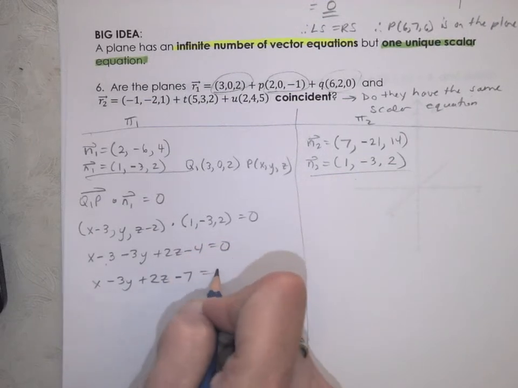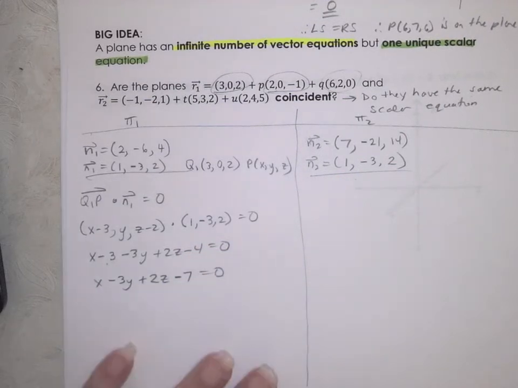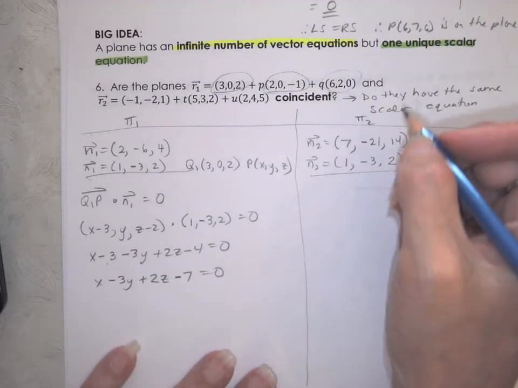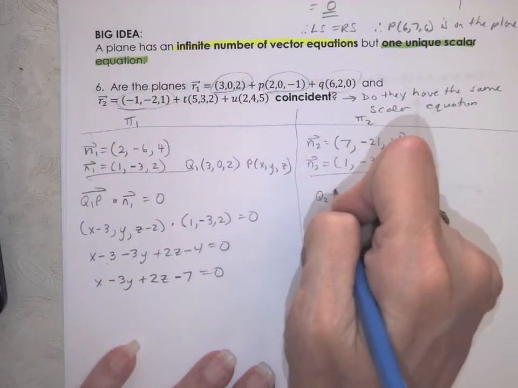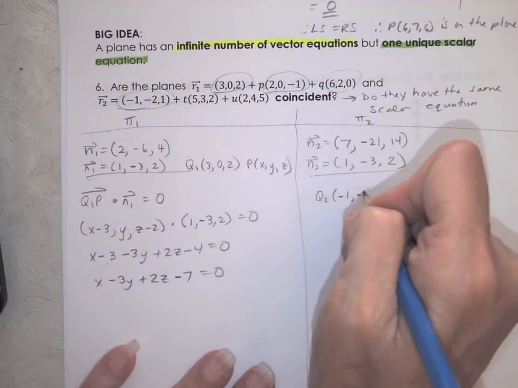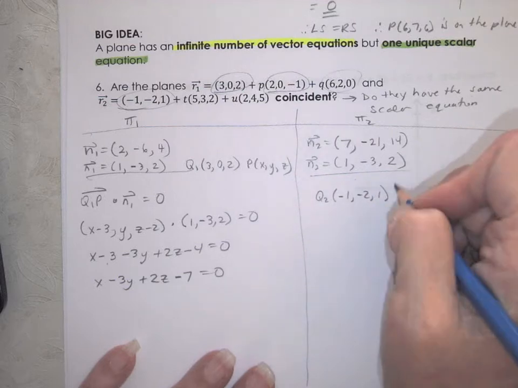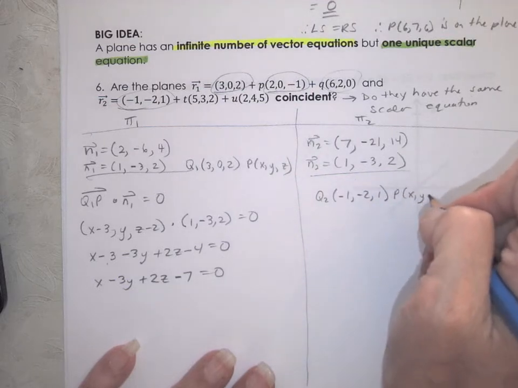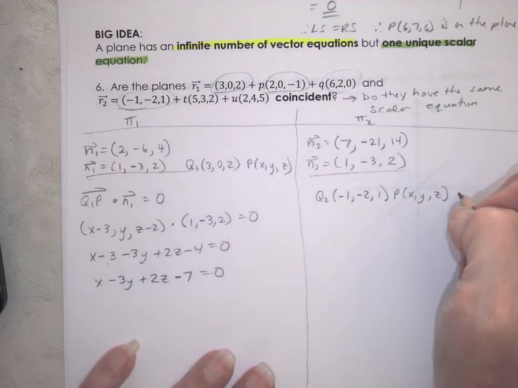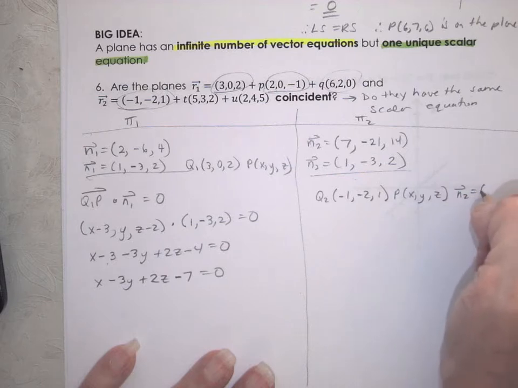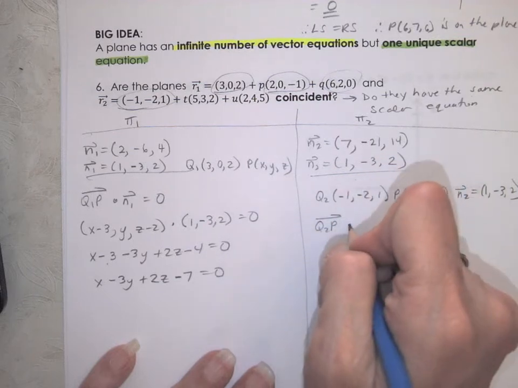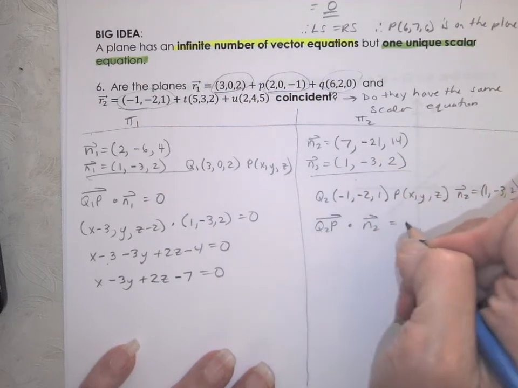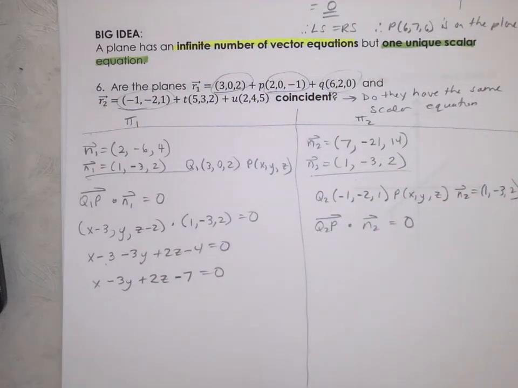minus 7 equals 0. So similar on this side, the point we know is on our second plane, we'll call Q2, and it's the point -1, -2, 1. We'll still have our arbitrary point x, y, z, and this time we have our n2 normal. We'll find vector Q2P, dot it with n2, set it equal to 0.